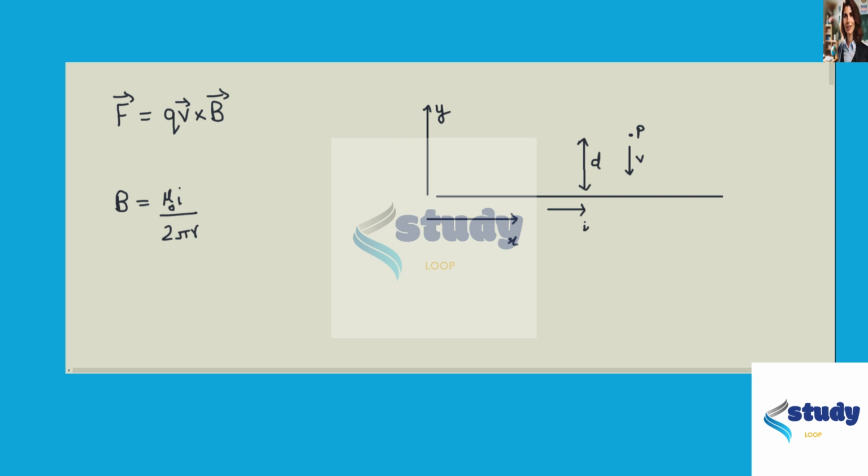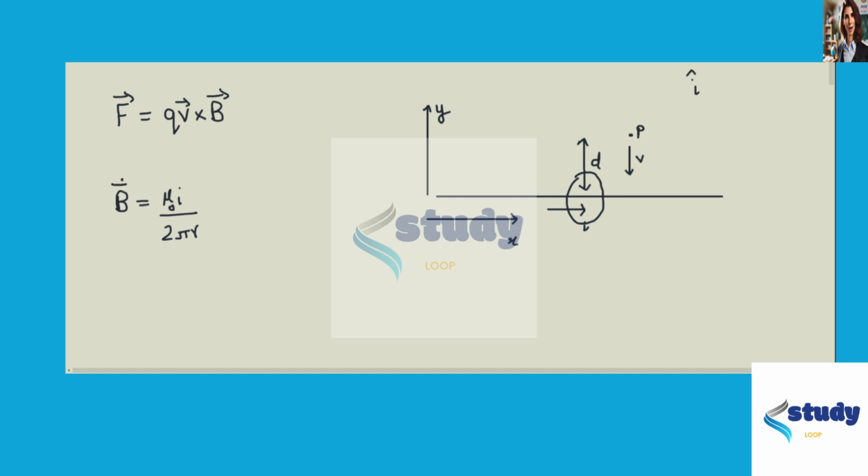Now we need to write this in vector notation first. Our current is in the positive x direction, so it's in the direction of i hat, which means there will be a circular magnetic field in the k hat direction.